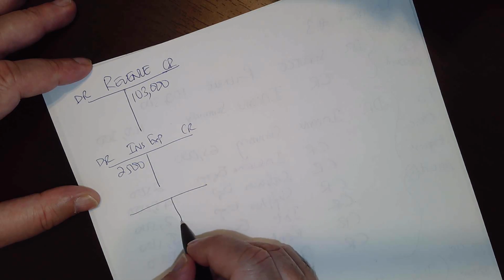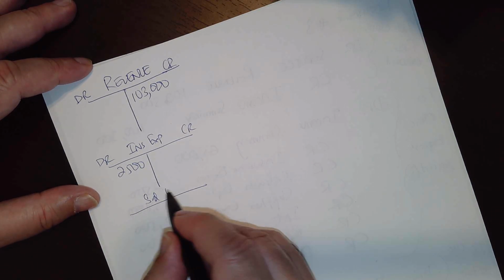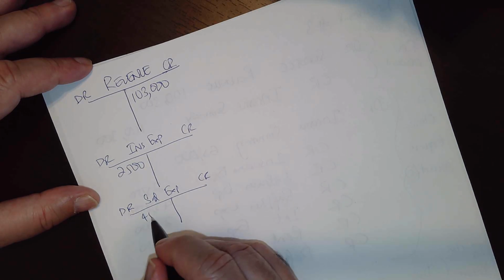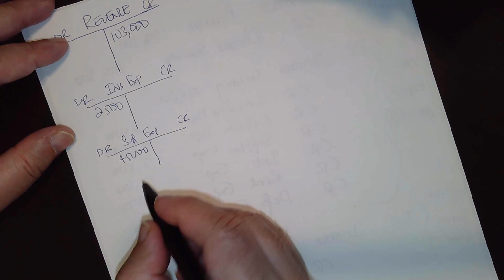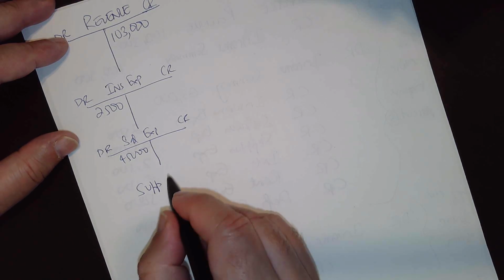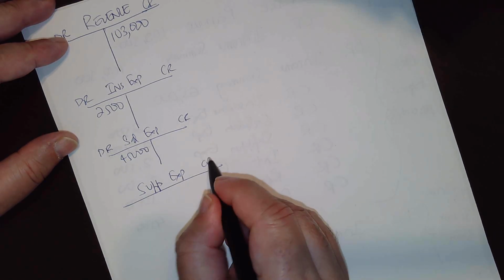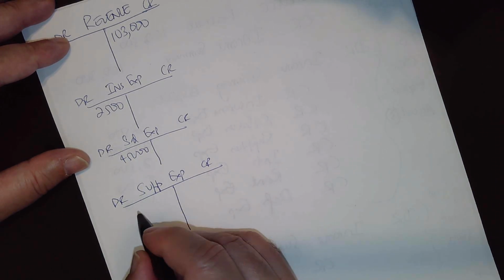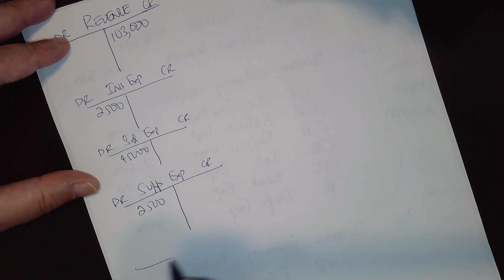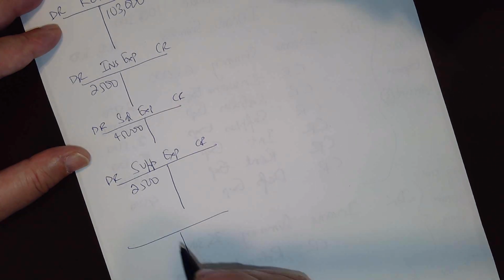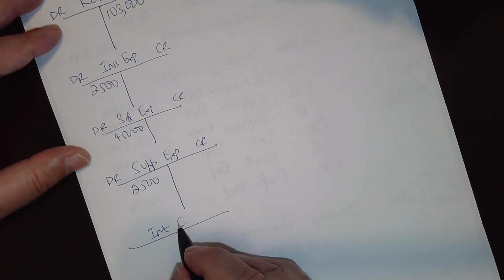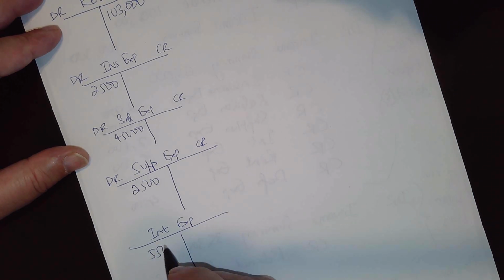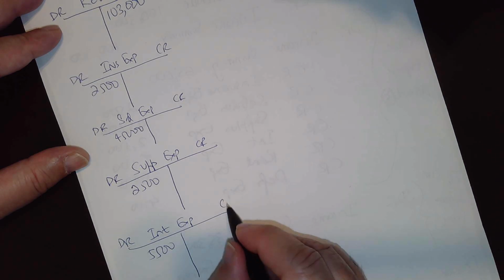Then you have another one, salary expense, debit, credit, and it's 45,000. And then you have supplies expense and you have 2,500, and then you have another expense account, interest expense, which is 5,500. And remember, debit left side, credit right side.